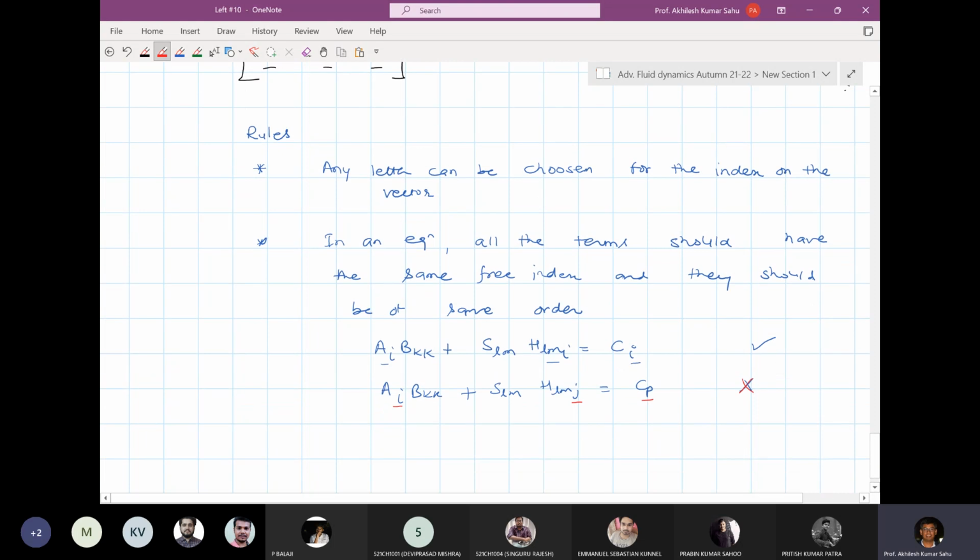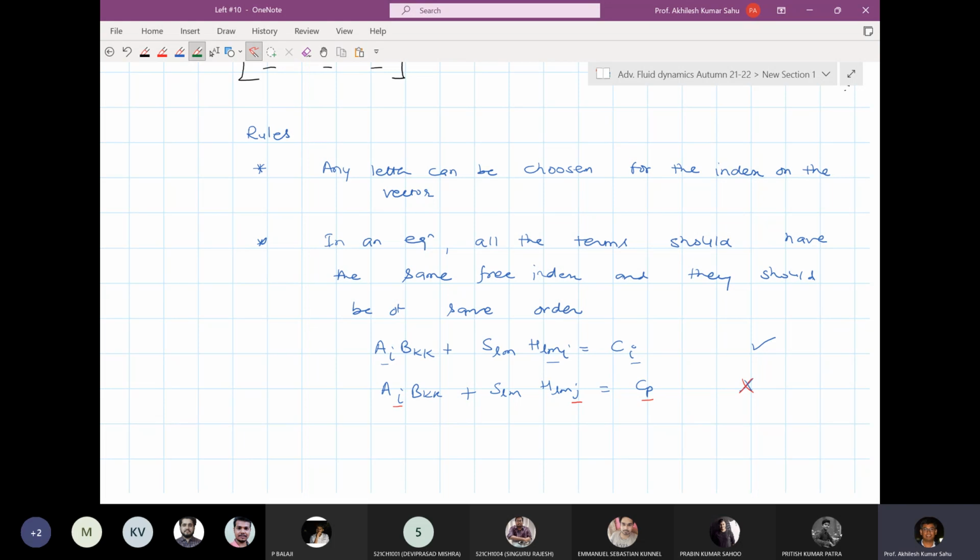And also the order of every term. Let's say this term is a vector, right? This term cannot be a scalar, and this term has to be a vector.